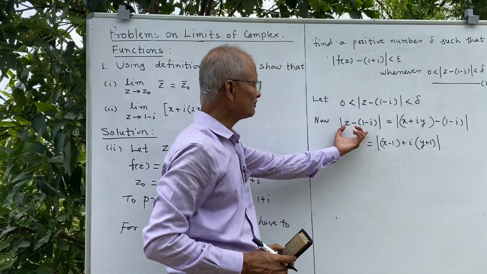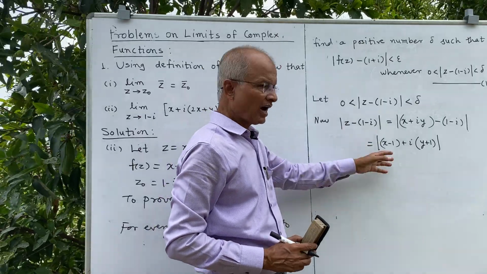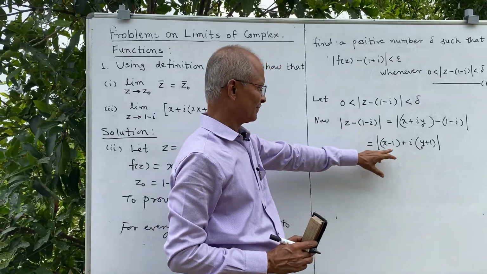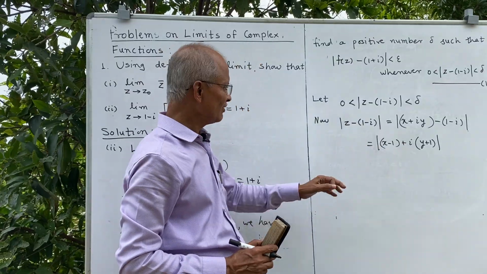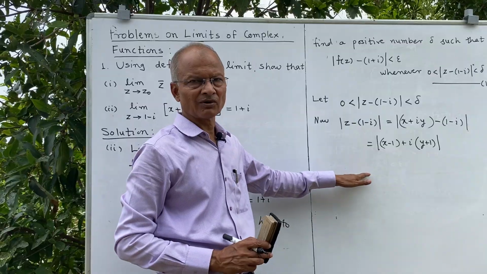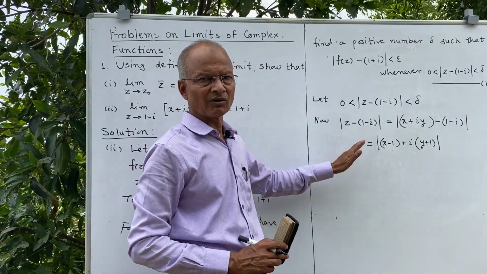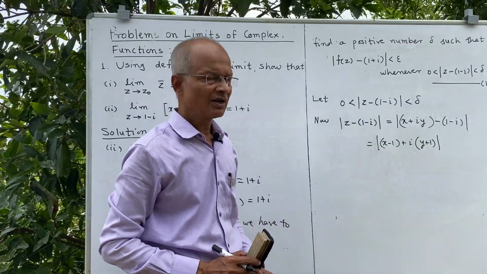So, this is the value of z minus 1 minus i, and now we know that the absolute value of the real part of z is less than the absolute value of z, and also the imaginary part of z is less than the absolute value of z.